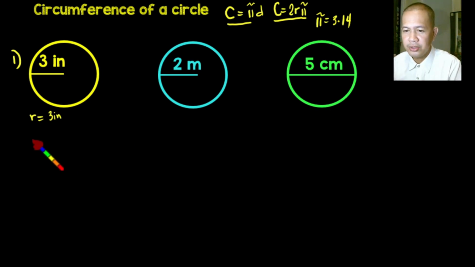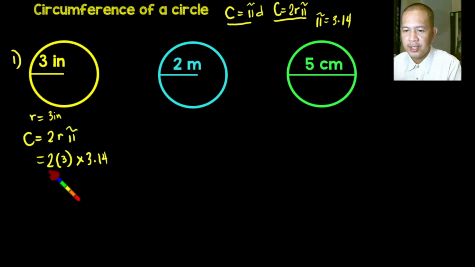So we substitute the given to the formula: circumference is 2 times the radius times pi. The radius here is 3, so we put 2 times 3 times pi, and the equivalent of pi is 3.14.